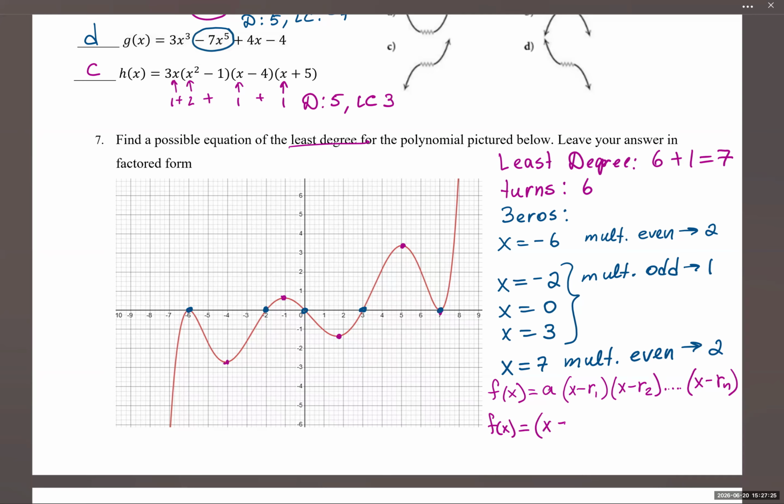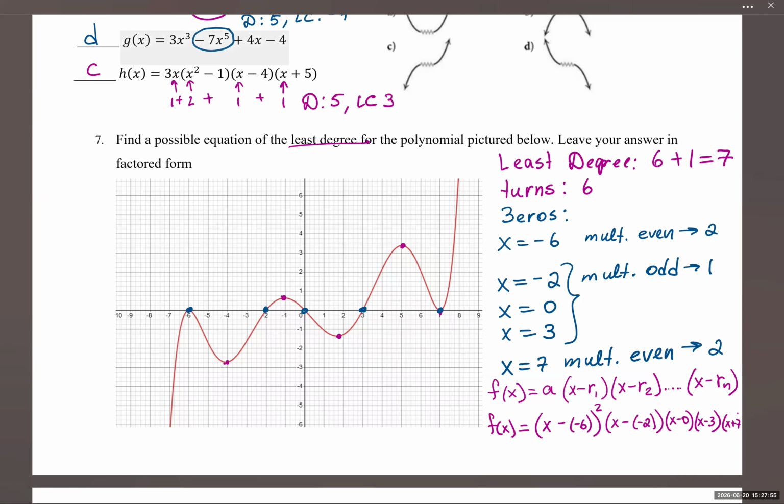Then x minus r1 was -6. Multiplicity was 2, which means we have to square it. Then we have x minus r2, or the second zero was -2. That one's multiplicity once, just leave it alone. Then x minus 0, then x minus 3, and then x minus a -7.